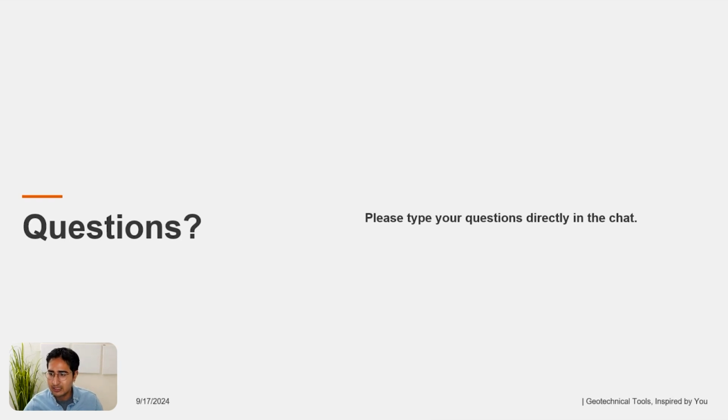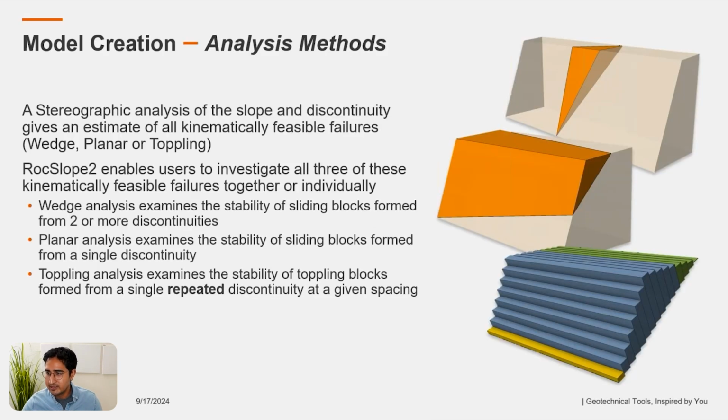So now we'll move into the second part of the presentation. And more specifically, we will look into how to create a model in RocSlope2 and highlight some of the features which make RocSlope2 a powerful software for your stability analysis.